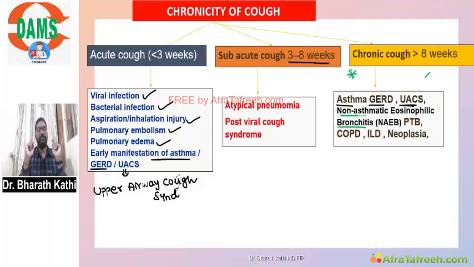This is where most students, when the examiner asks what are the causes of chronic cough, know all these diseases but get a thought block. So don't forget that tuberculosis, COPD, ILD, neoplasia, asthma, GERD and upper airway cough syndrome are the causes of chronic cough. So here important is chronic cough.